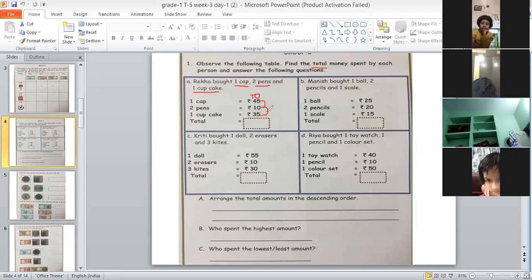So Mana, tell me, 5 plus 5 how much? 10. Very good. 5 plus 5 is 10, children. So we will write here 0 and 1 will go as carry over in tens place.